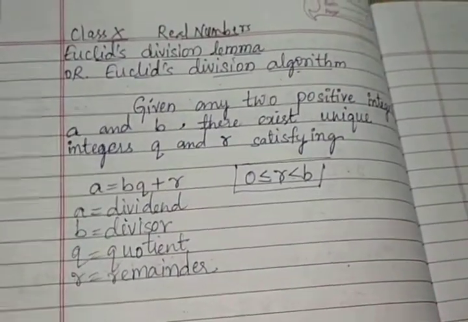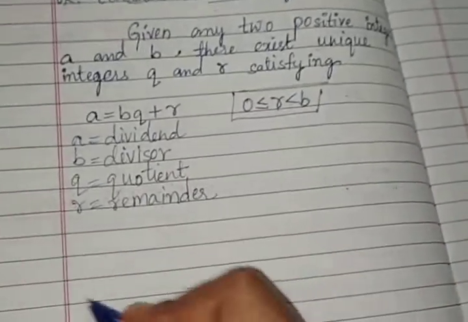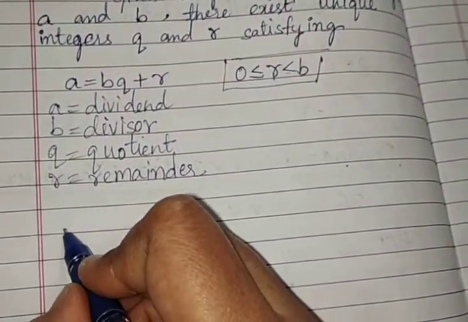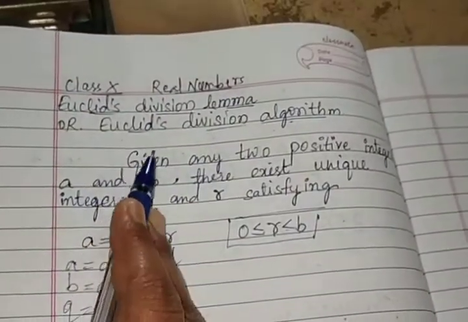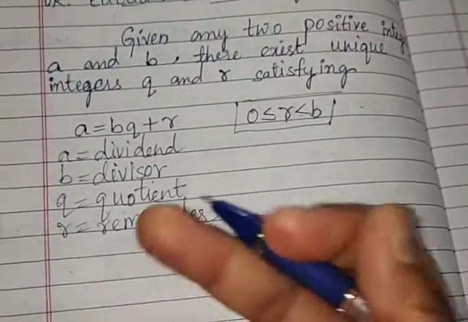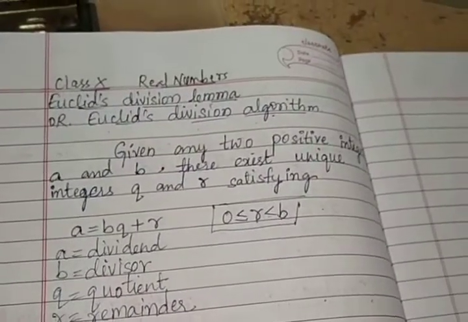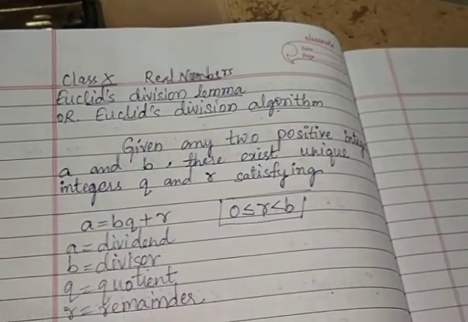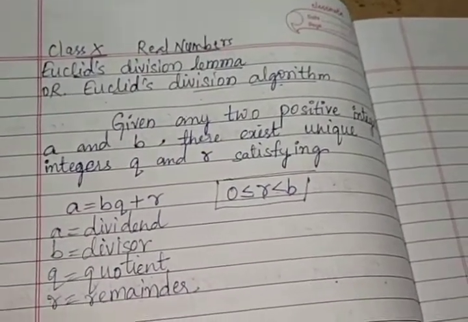And what are we going to do with this lemma now? We can find the HCF of two positive numbers using Euclid's division algorithm. The following method shows us how to find the HCF of two given numbers using Euclid's division lemma or algorithm.